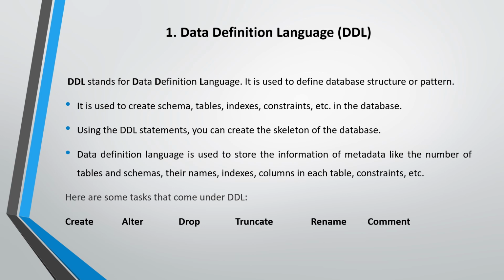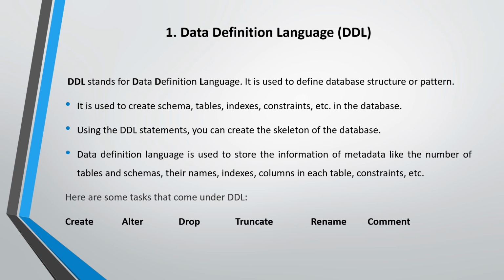So create is used for creating the database, and alter is used to alter its structure. Then drop. The drop command is used to delete a table from the database.